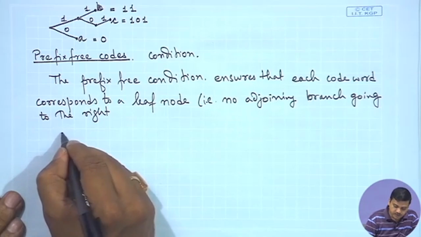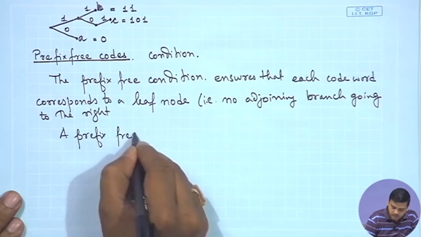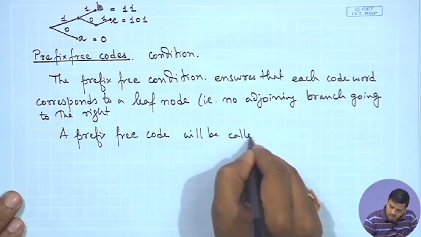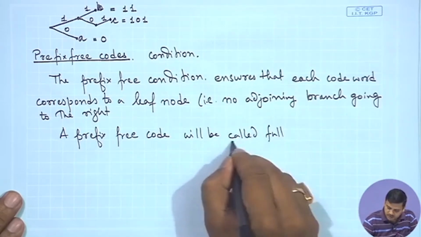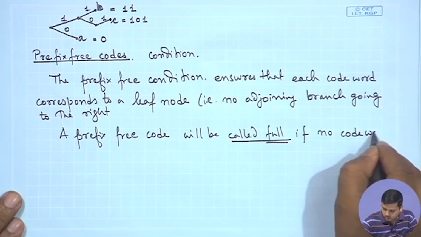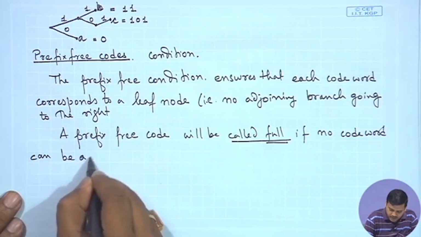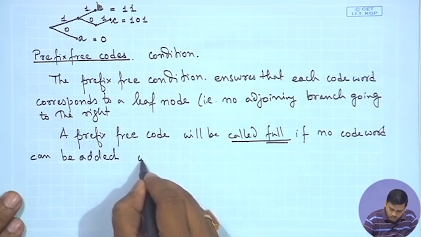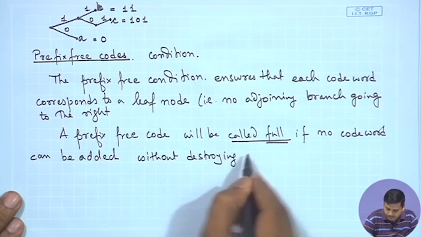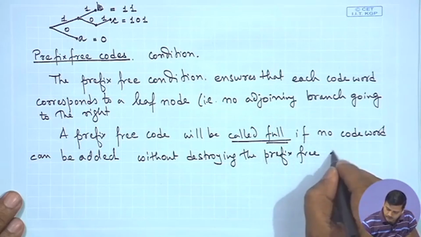But we have another interesting point which is very important. A prefix free code will be called full, and this is important, if no code word can be added without destroying the prefix free property.